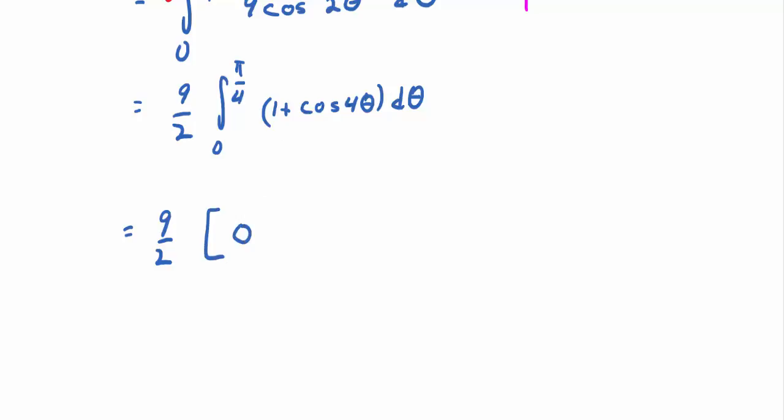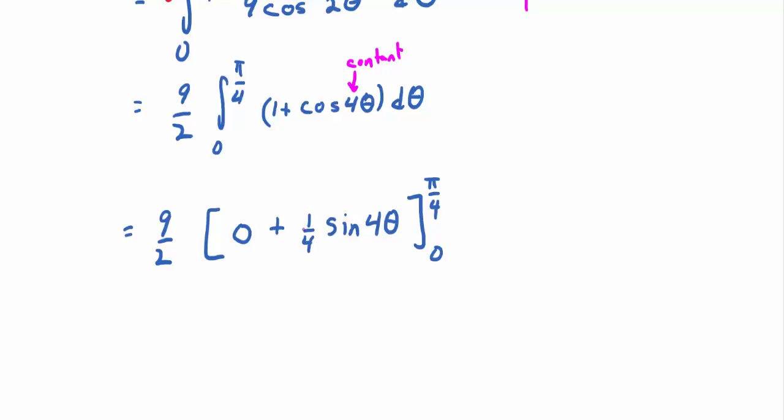We integrate cosine 4 theta with respect to theta. We get, well, it's going to involve sine of 4 theta, but you have to do something here. You have to multiply or divide by something. You multiply by 1/4. And in fact, anytime you have a constant here, like in cosine or sine or maybe e to some constant times x, then when you integrate, you multiply outside by 1 over that constant.